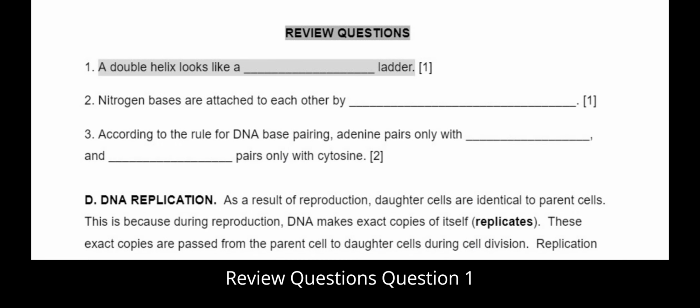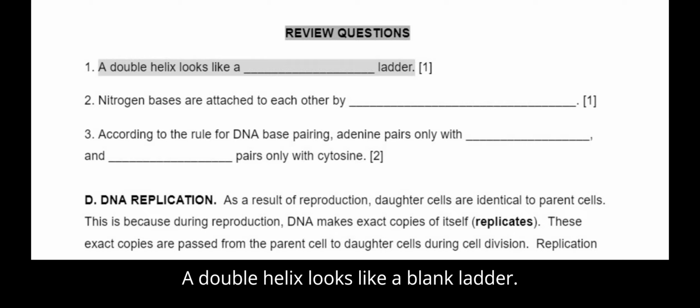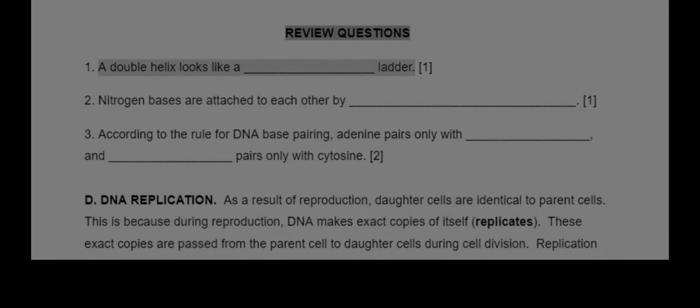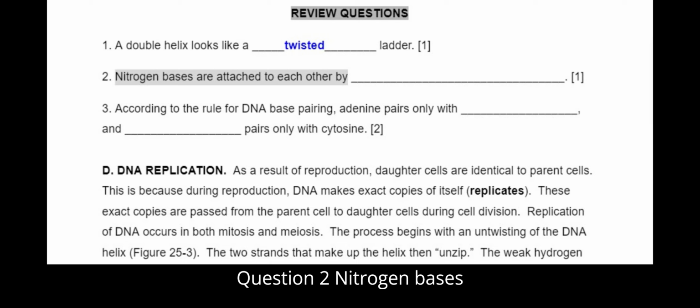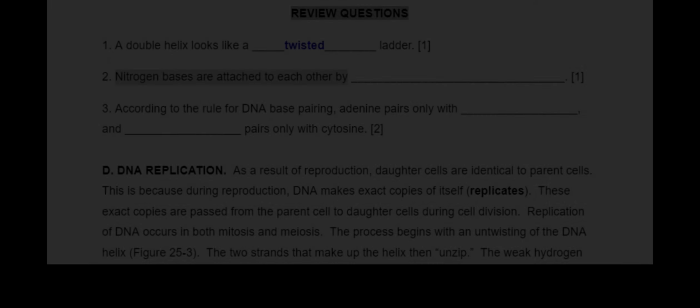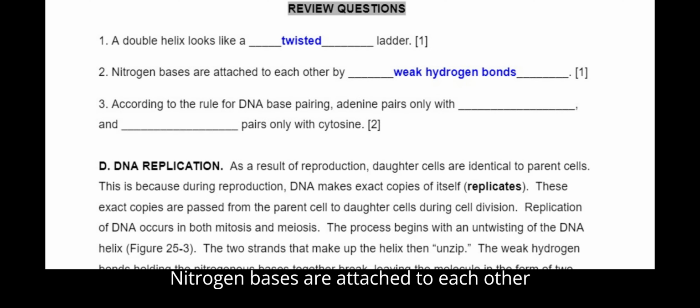Review questions. Question 1. A double helix looks like a blank ladder. A double helix looks like a twisted ladder. Question 2. Nitrogen bases are attached to each other by blank. Nitrogen bases are attached to each other by weak hydrogen bonds.